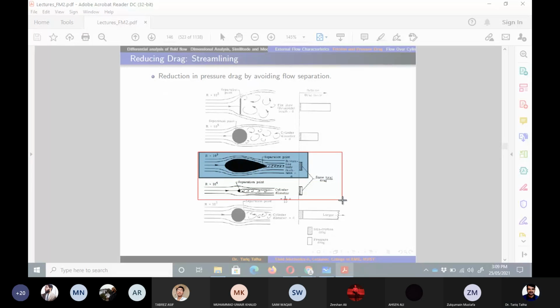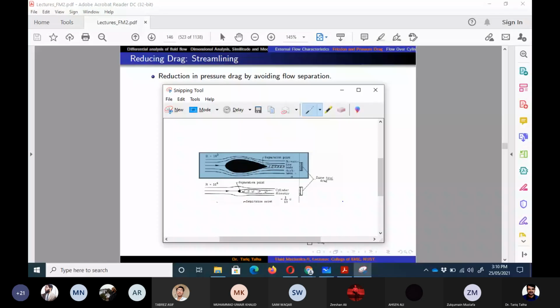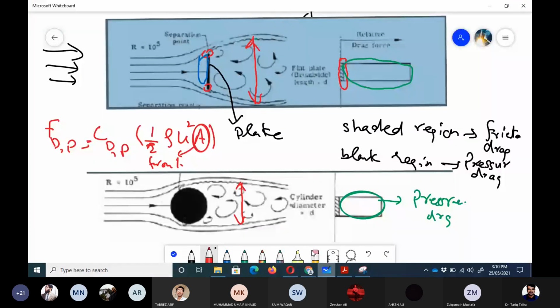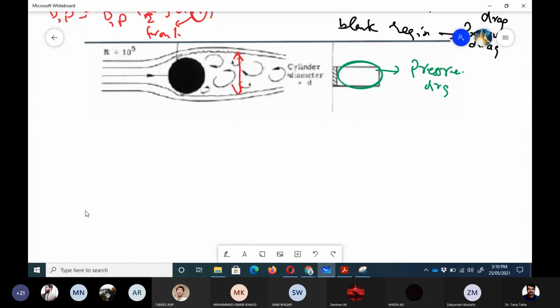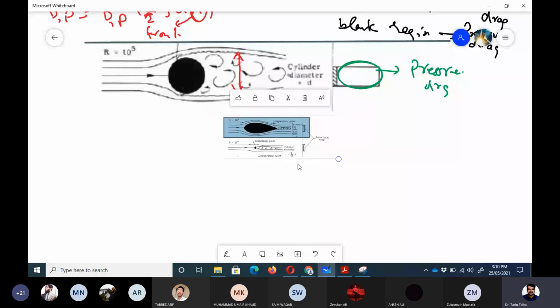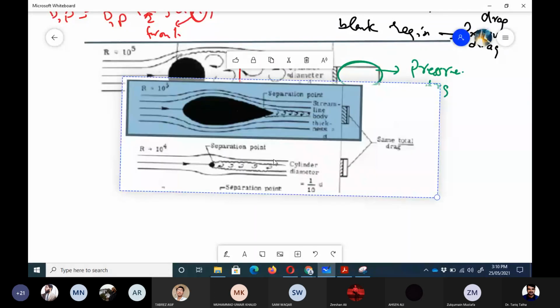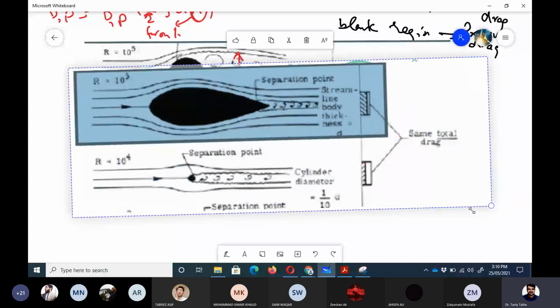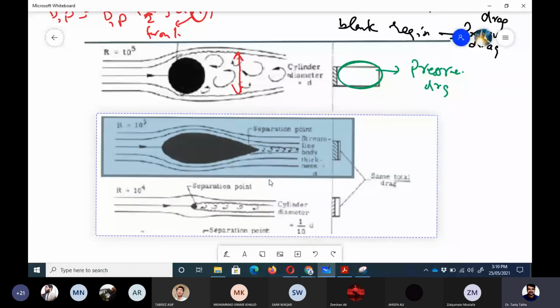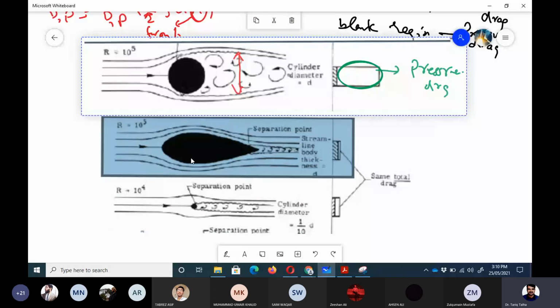One is here. Okay. So now the above figure, which is shaded here, is the flow over a streamlined kind of body, which is an aerofoil in this case.